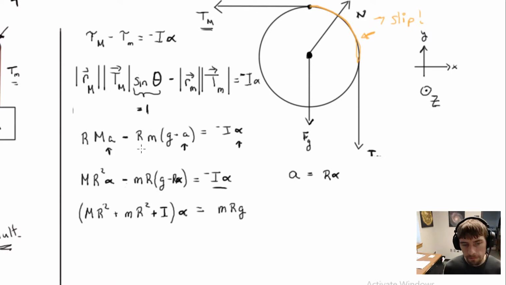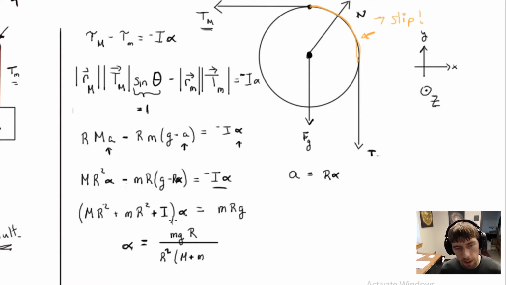Good. We're done. Alpha is equal to little m g R divided by R squared times big M plus little m plus I. Now what the heck?